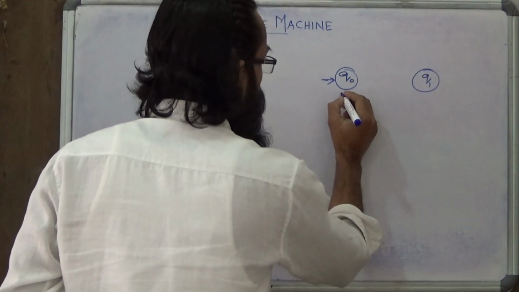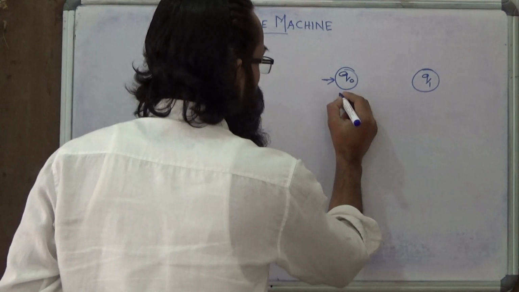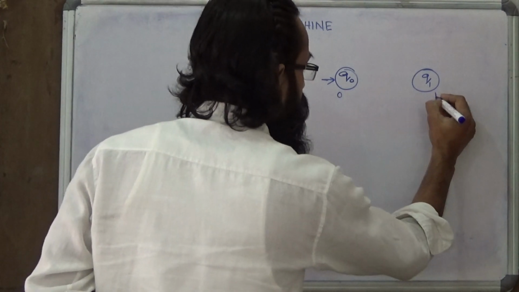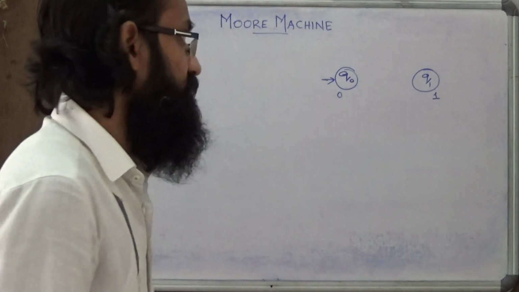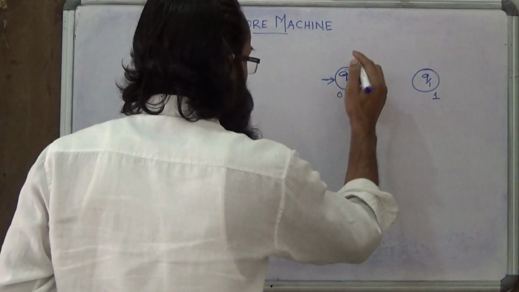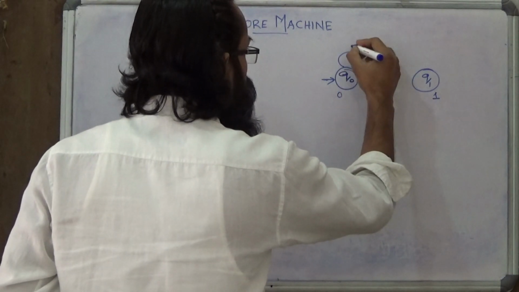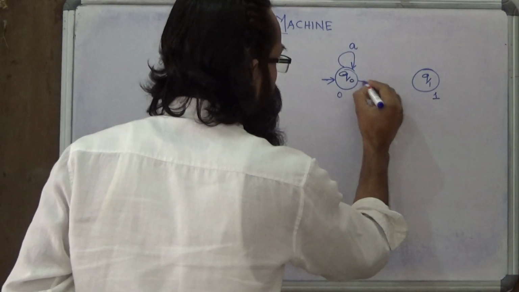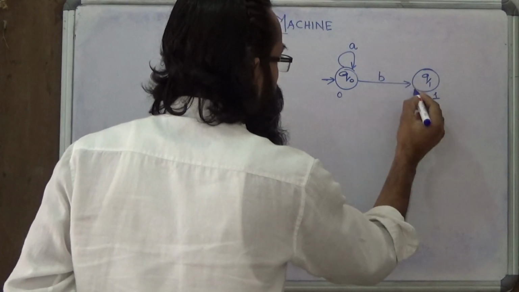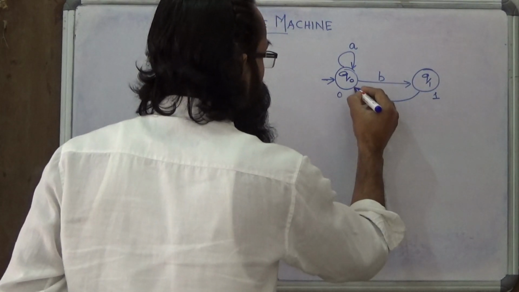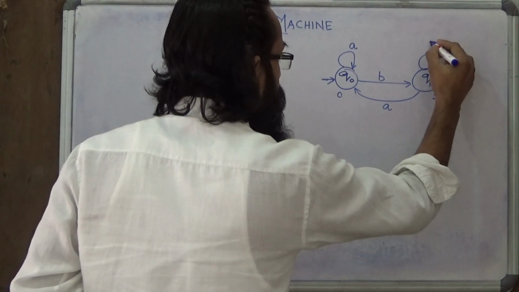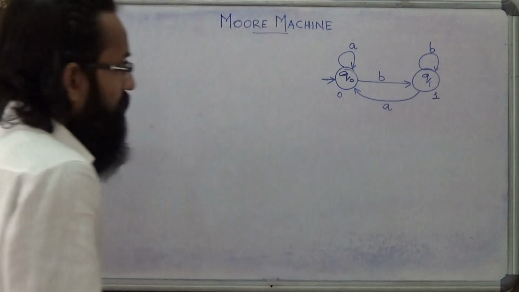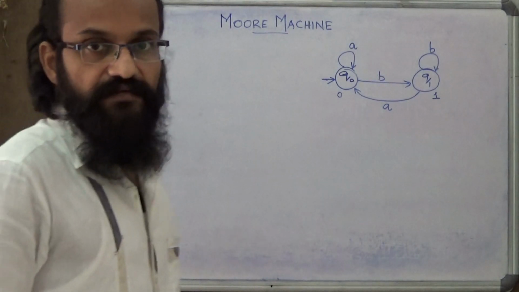Let the output associated with each state be 0 and 1 respectively. So you are having A transition here, B transition. So this is a simple example for a Moore machine.